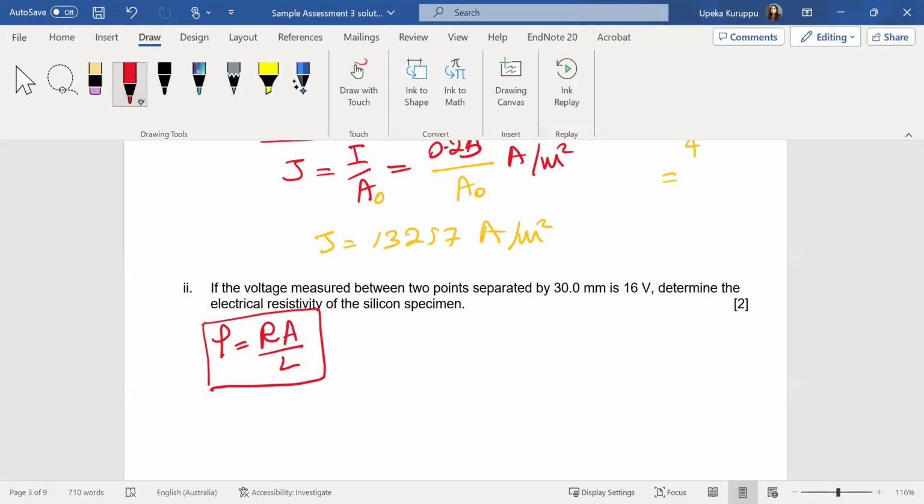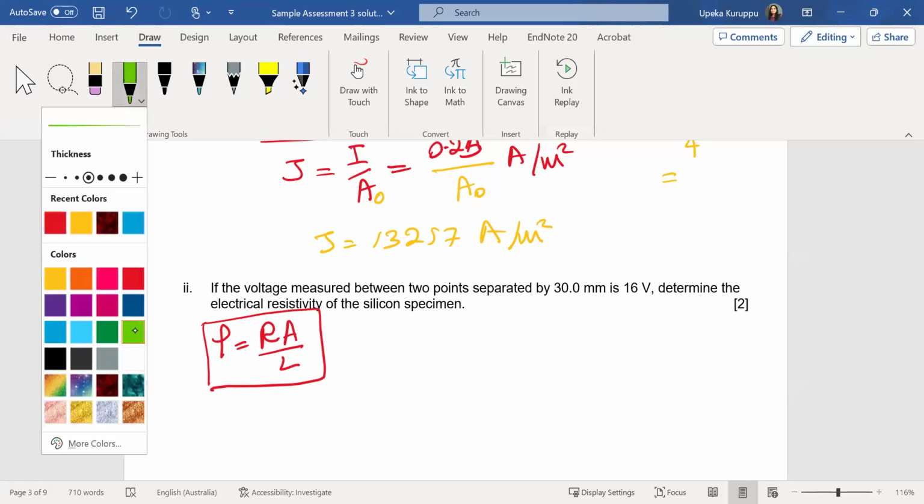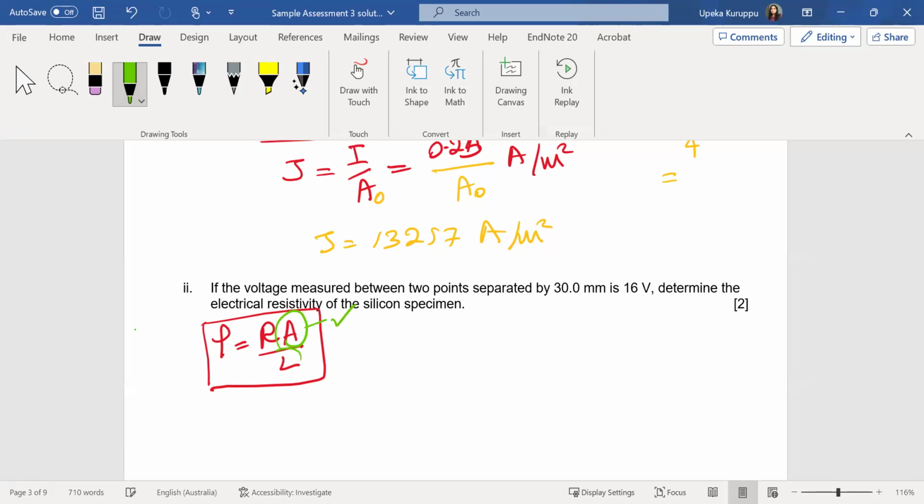So do we know the area? We know that. Length, do we know that? Yes, it is 30 millimeters. Do we know the resistance? We don't know, but we can find it. To find the resistance, we know in electrical circuits, V equals IR, Ohm's law. So you can find the resistance if you know the voltage and the current.